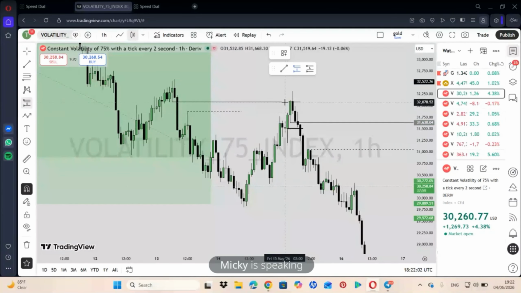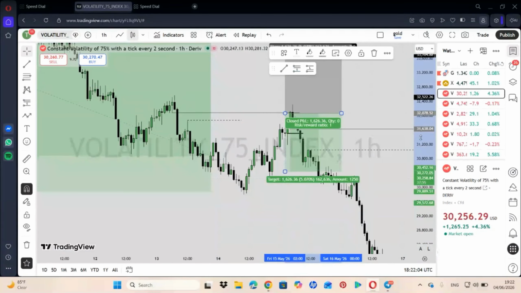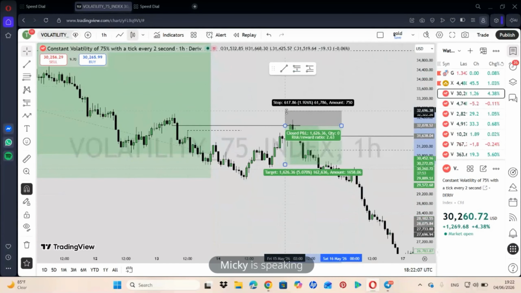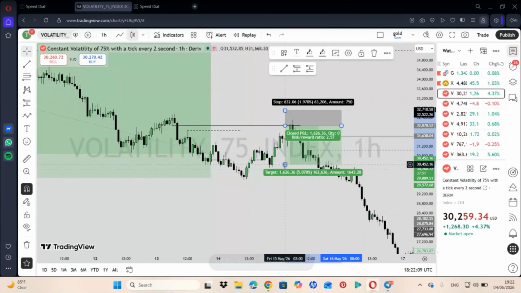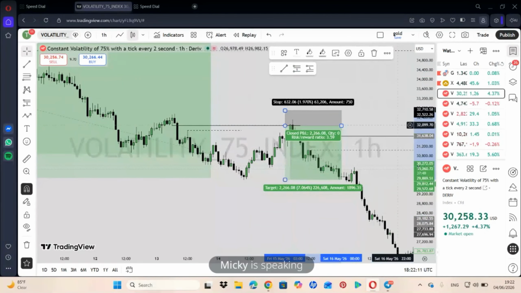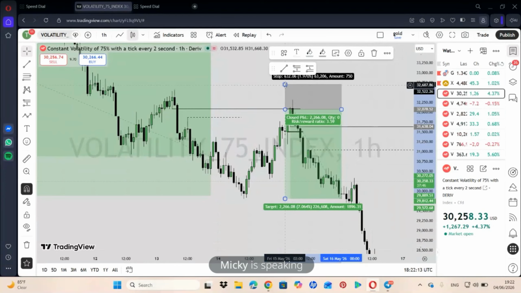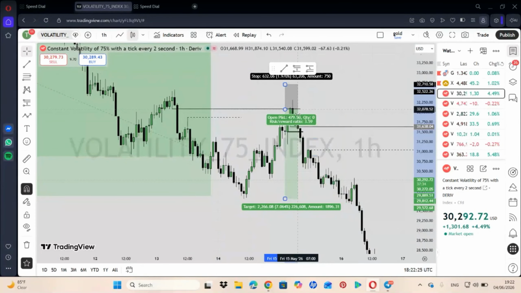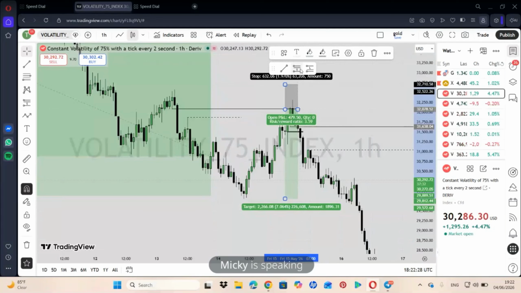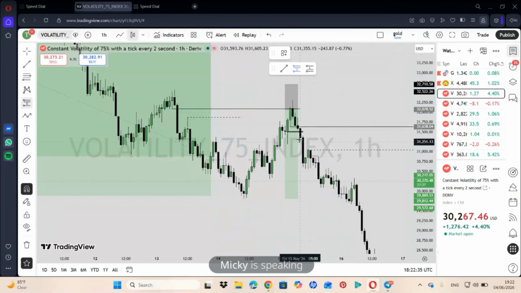So let's say this was our initial SL here, above this resistance level. Let's say when this candle closed, you enter this trade here.